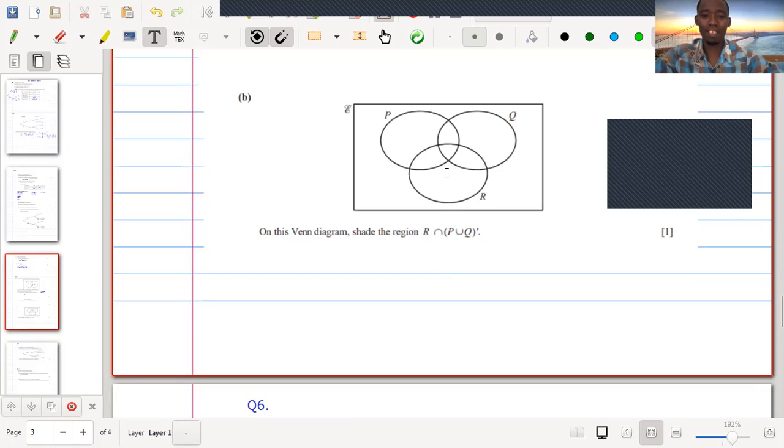So this is the part here. P and R, we don't touch them. That means it's outside. Supposed to be, let me use this highlighter. Supposed to be this part. Use this color. Must be this part here. This part. This part.